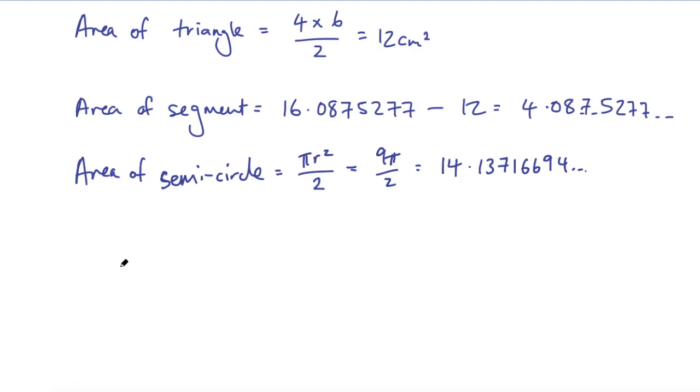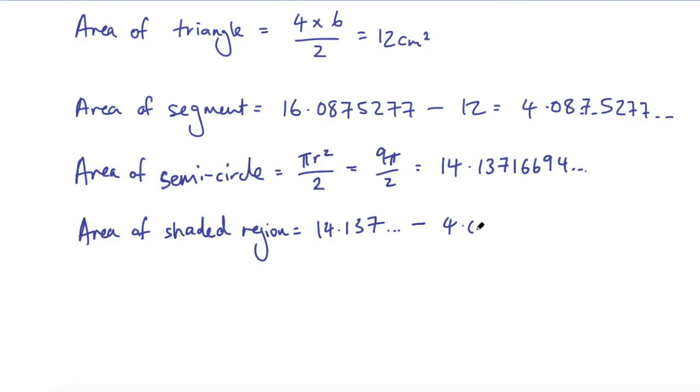Okay, so now I want the area of the shaded region. Area of the shaded region, and that's going to be the area of the semicircle, 14.137 minus the area of the segment, which is 4.0875.